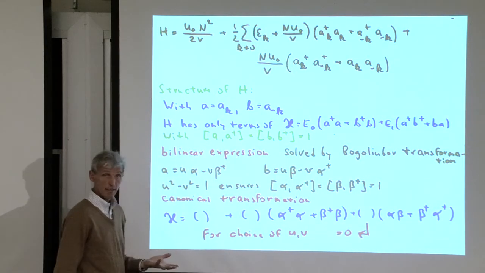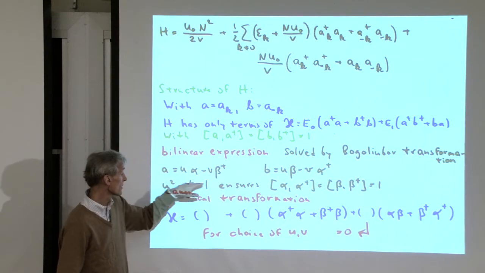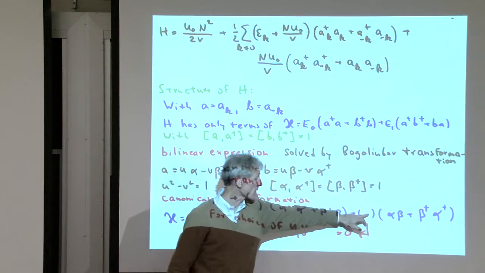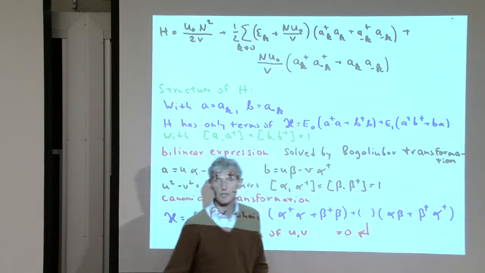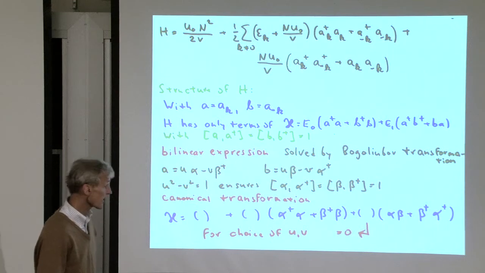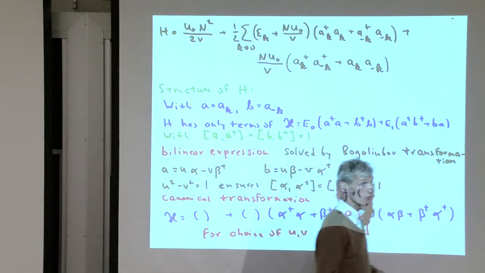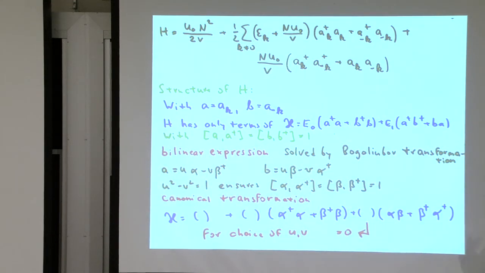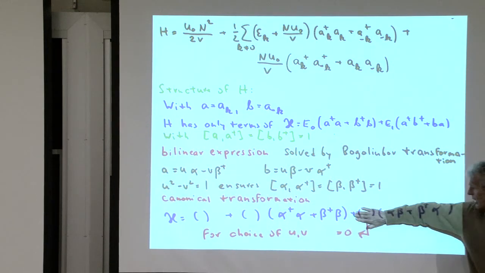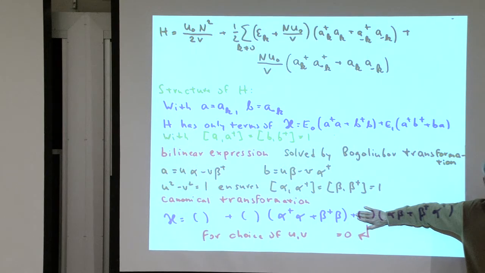But now our second condition which we can impose on u and v is that the prefactor of this cross product is 0. So by using those two conditions for u and v, and you find the equations in many textbooks, I'm not discussing them in great detail here, we have obtained a Hamiltonian of this kind, and this is diagonalized.